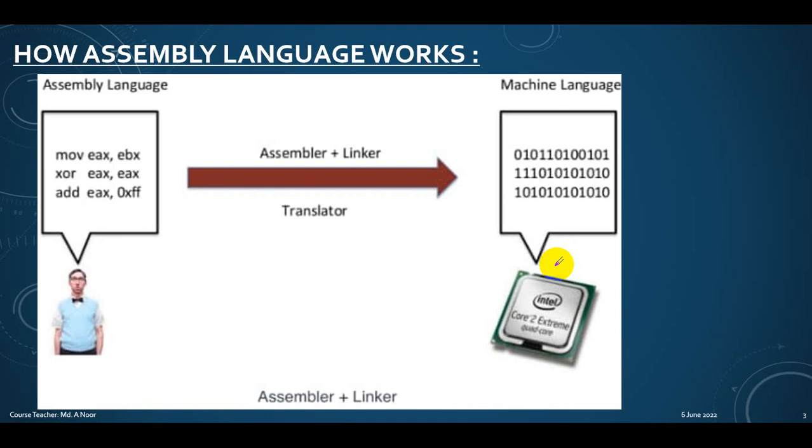Inside the computer, you will be amazed to know that they don't do as many complex jobs as we see. The complex things we see are the result of very simple operations: register to register transfer, register to memory transfer, memory to register transfer, arithmetic operations and logic operations. Very simple things it does inside.